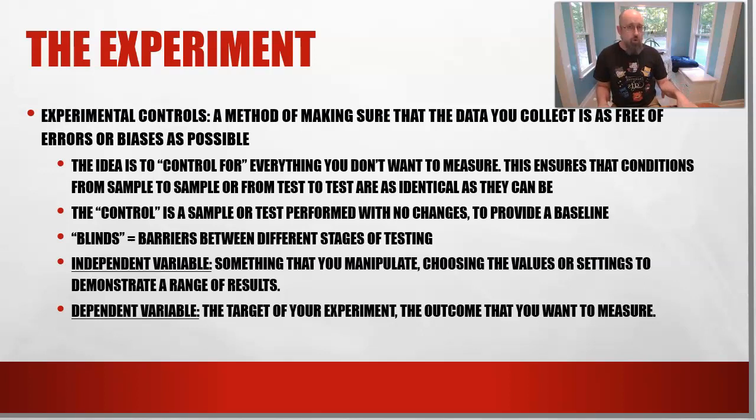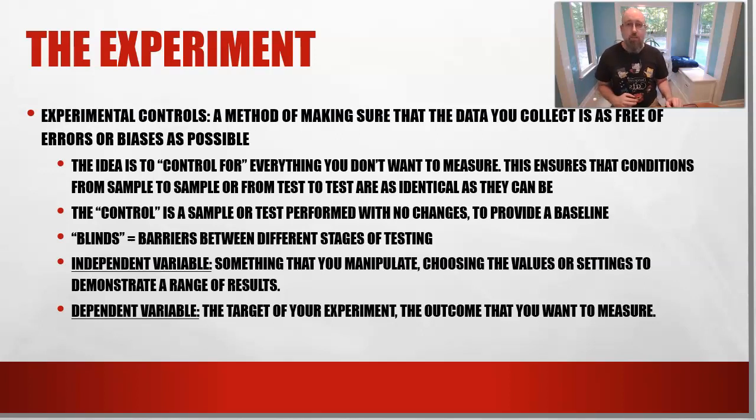So a control can be a standard for comparison, but controls are also the ways in which we eliminate confounding variables that might give us the wrong answers, the wrong results, or the wrong interpretation of what we're doing. And so we have to isolate our independent variable and our dependent variable to the best of our ability and make sure nothing else is changing.